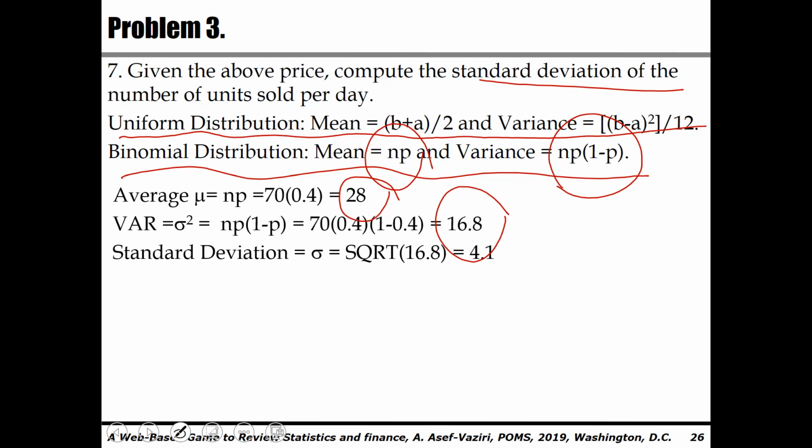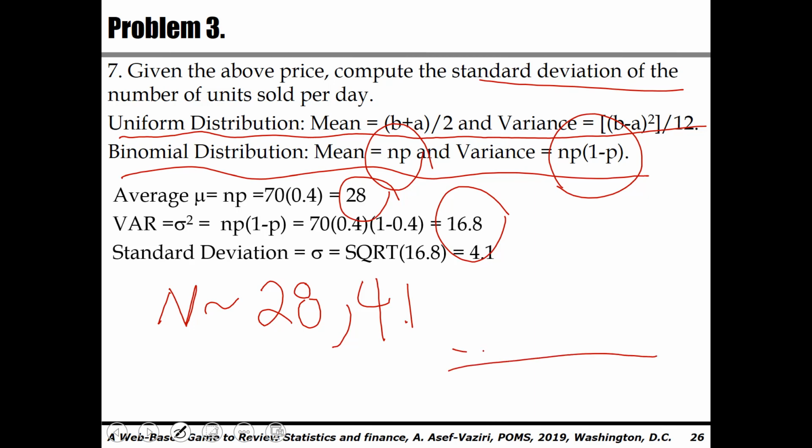So now, because we have a lot of random variables per day, and we compute the average and the standard deviation of them, we can use this average and standard deviation for normal distribution. We can assume we have a normal distribution with an average of 28 and a standard deviation of 4.1.